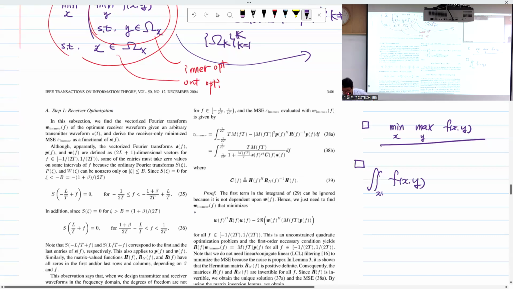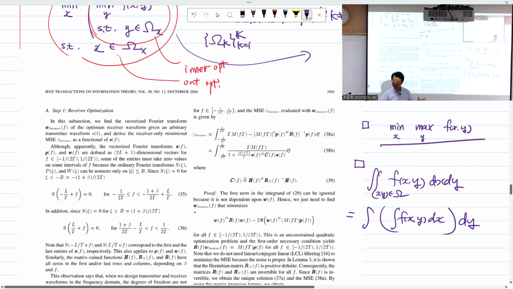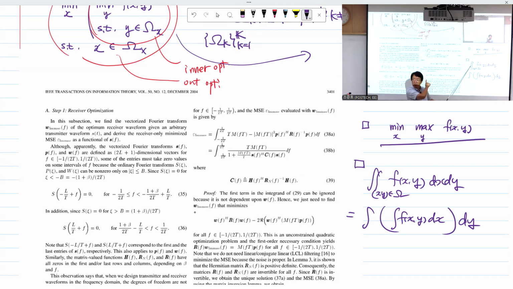Okay, x comma y in omega. And this can be something like this. So obvious. It's not obvious, actually. Okay? This corresponds to double minimization in our problem with a single objective and two parameters. This is the so-called nested inner integration and outer integration.